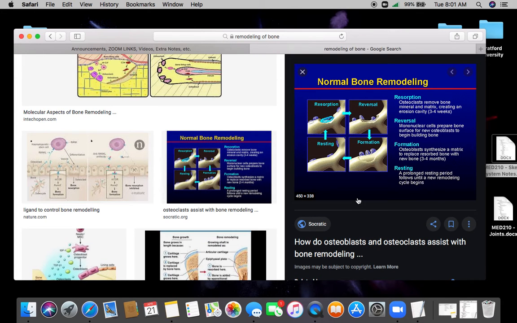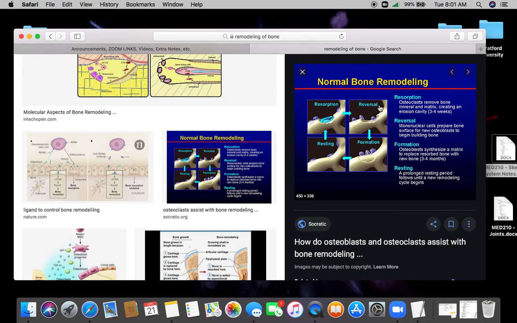Now, what's going on at any given time, especially when you're younger, is that your bone is remodeling. Re means to do all over again. So your osteocytes, they don't last forever, right? The first thing that happens, you have these other cells called osteoclasts.